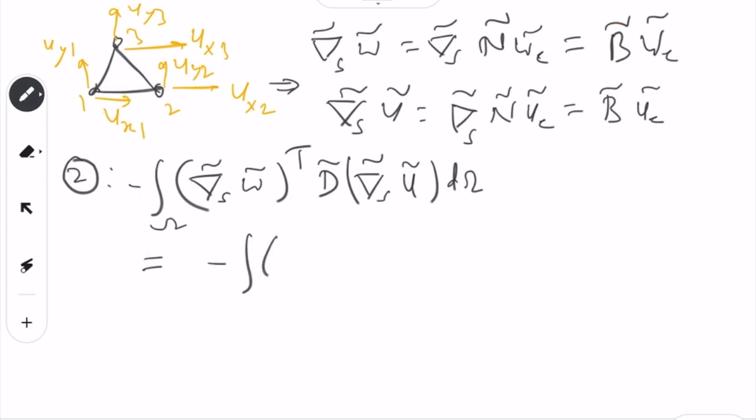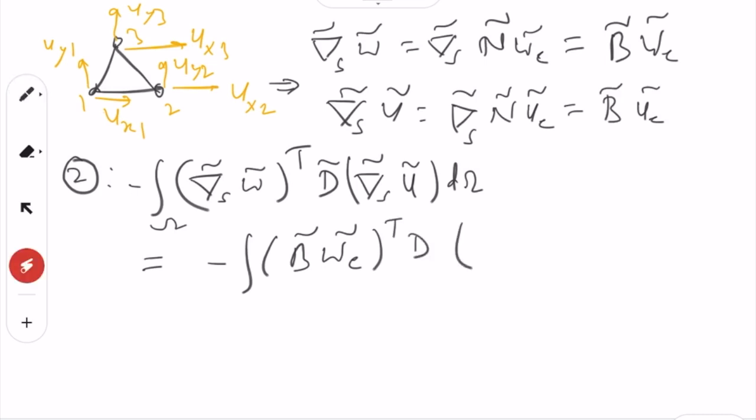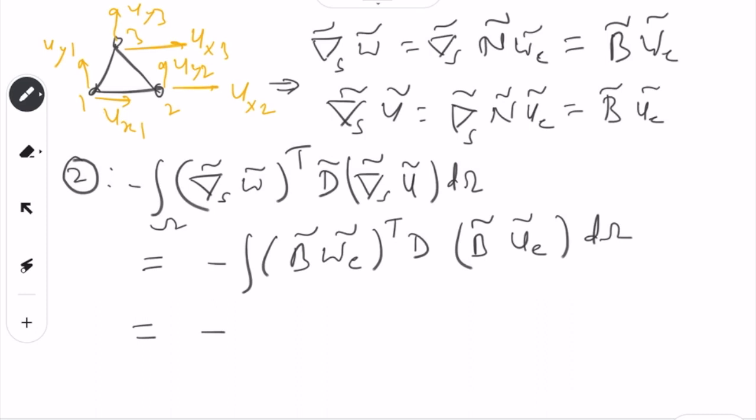So B W E transpose D and this is B tilde U E is equal to minus, again this one we can expand and this also is constant basically.